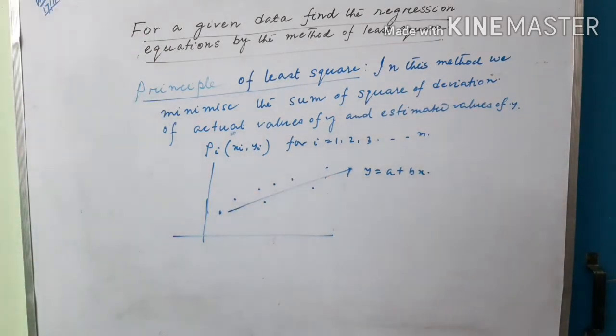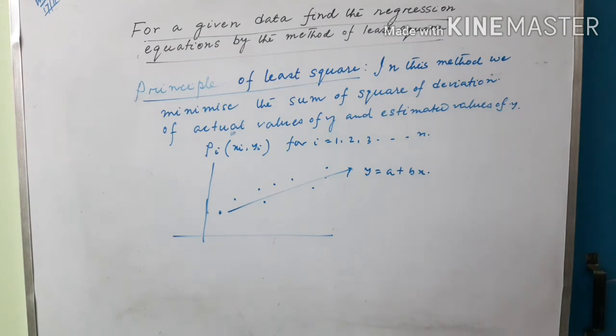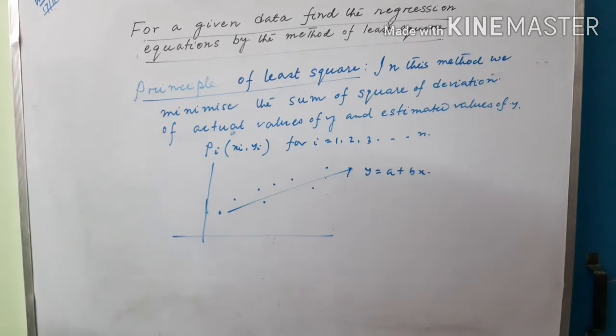Now y equals a plus bx is called the best fit straight line if the errors or residuals are minimum for this line. Remember that y equals a plus bx is called the best fit straight line if it minimizes the errors or residuals. Now see what the error or residual is.